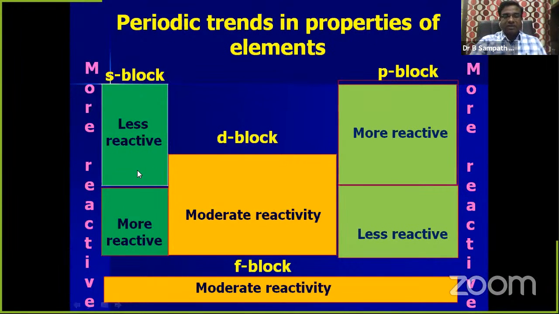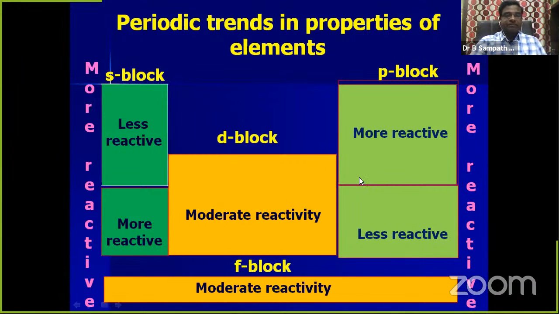So when we go along the period from left to right, the starting elements are more reactive, the reactivity decreases, and again the reactivity increases. Means gradually the reactivity of the elements along periods decreases and again increases.